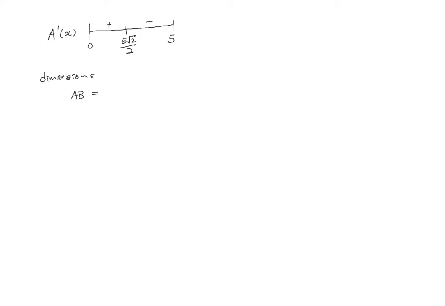AB is 2x. So it will be 2 times 5 root 2 over 2. So it's 5 root 2 cm. Then we talk about BC. Just now we said BC is square root of 100 minus 4x squared.